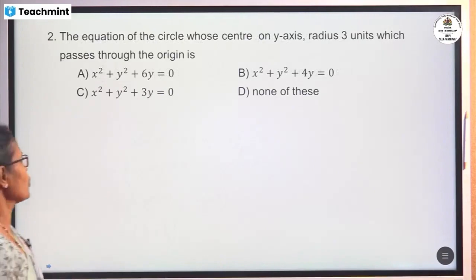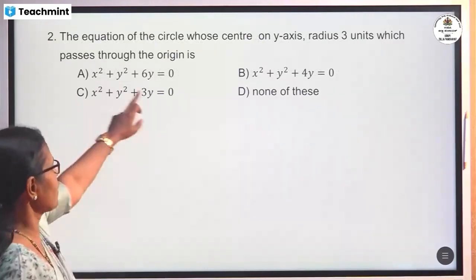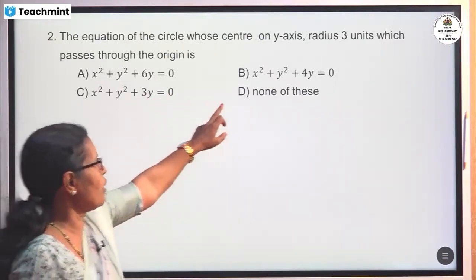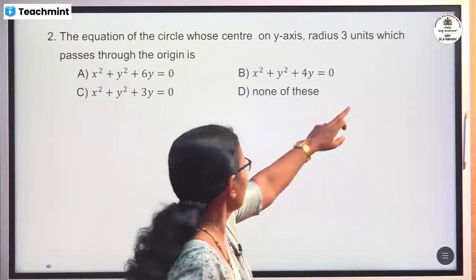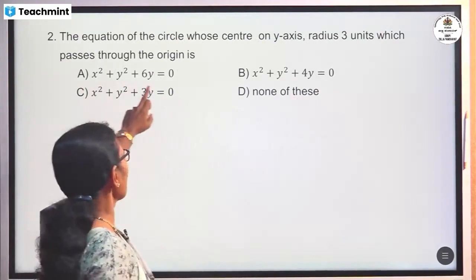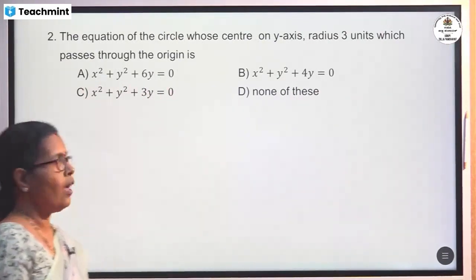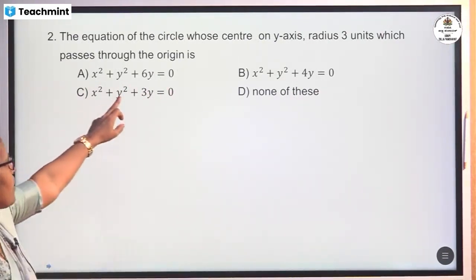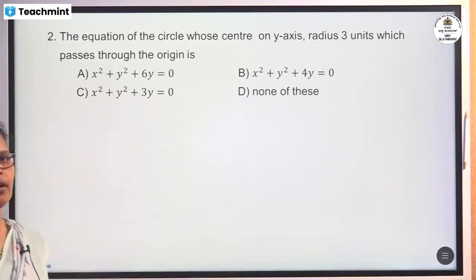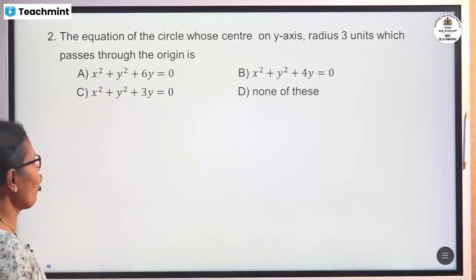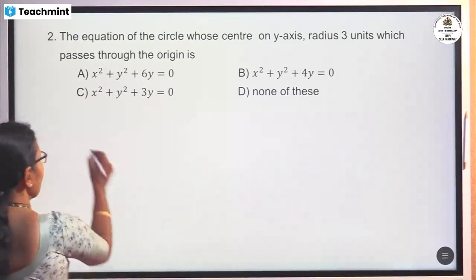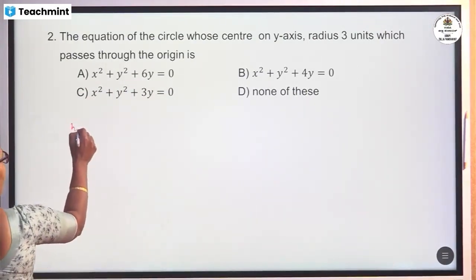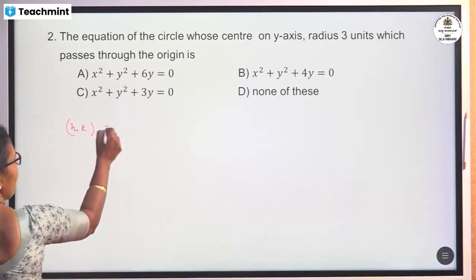Go to next question. The equation of the circle whose center is on the y-axis and radius 3 units, which passes through the origin, is. We know that the center of the circle is h, k.